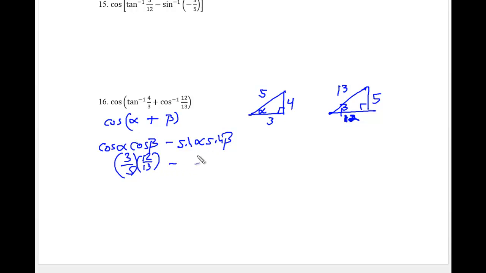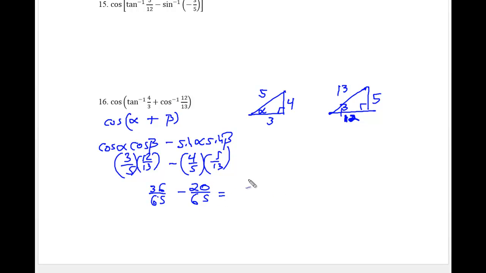Sine of alpha is going to be my opposite over hypotenuse, so 4/5. And sine of beta is going to be 5/13. All right, and we got some multiplication to do again. So what we have here is 3 times 12, which is 36 over 5 times 13, 65ths, minus 4 times 5 is 20 over 5 times 13, 65ths.